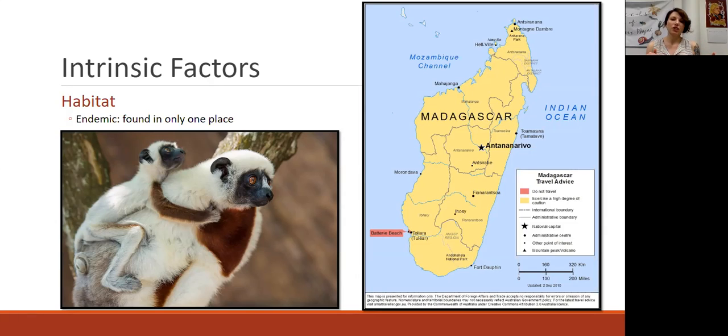So when deforestation starts to hit Madagascar, that's going to really affect that population since it's the only one. There's no backup plan here for these guys. So all animals that are endemic, or only found in really local places, are going to have higher rates of extinction than ones that are found more worldwide.